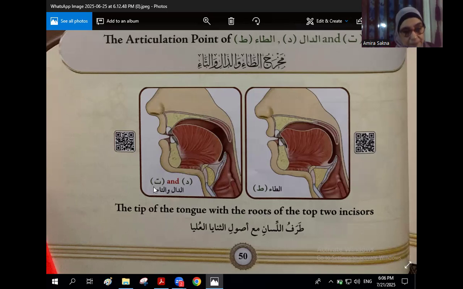At and ad. Remember, like Qaf and Kaf, same idea. Both are from the same articulation point, but the difference is that Qaf is the back of the tongue with the soft palate, while Kaf is also the back of the tongue, but with the hard and soft palate.